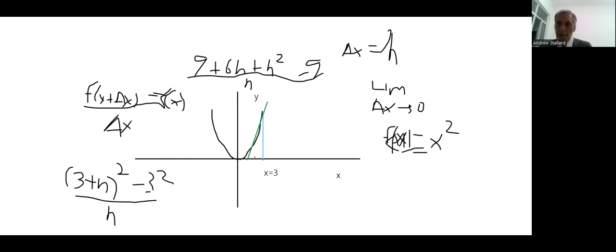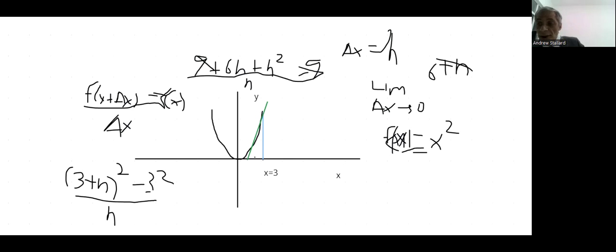Notice the 9's go away here. We're left with 6h plus h squared all over h. These two h's cancel out. So we have 6 plus h squared over h, which is just h. Now we take the limit as h approaches 0. This h just goes away. We're left with 6. So the slope of f of x equals x squared is 6 when x is 3. And that makes sense. You're going up on the x squared curve, so you're going to have a pretty steep slope.